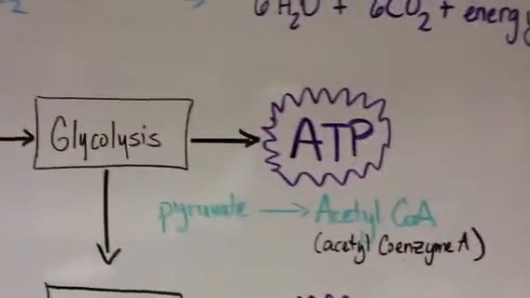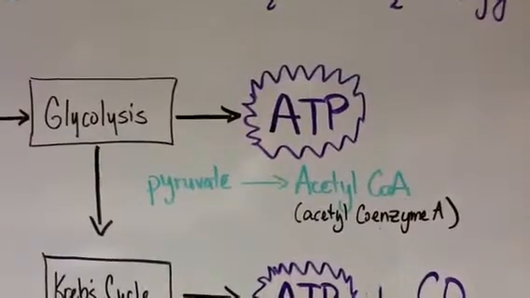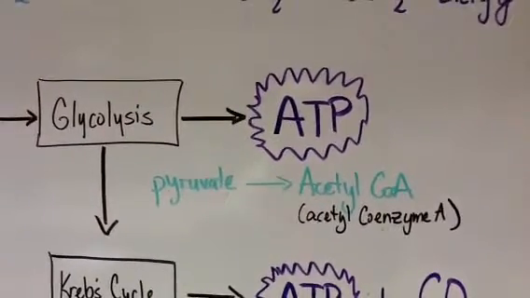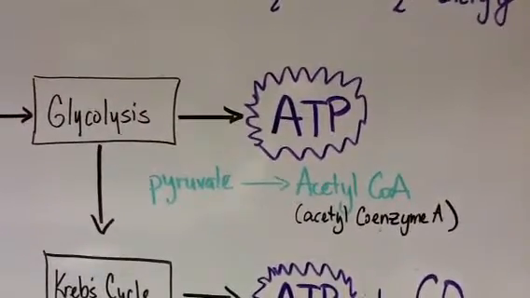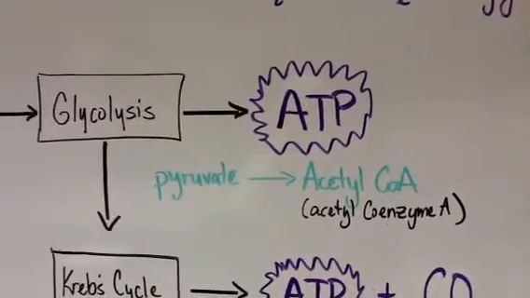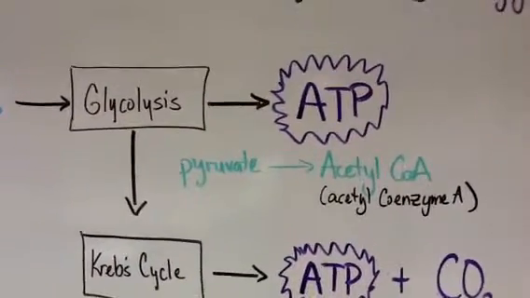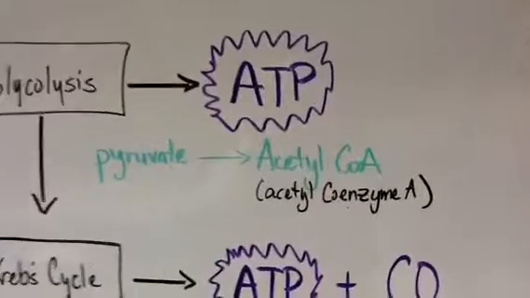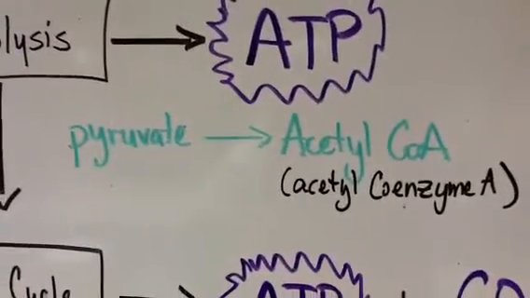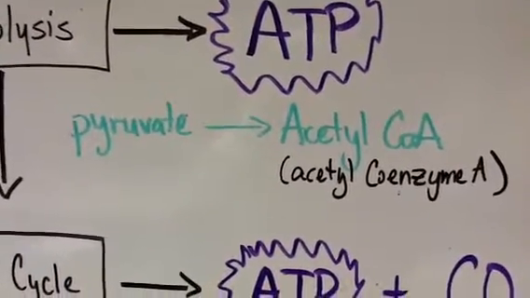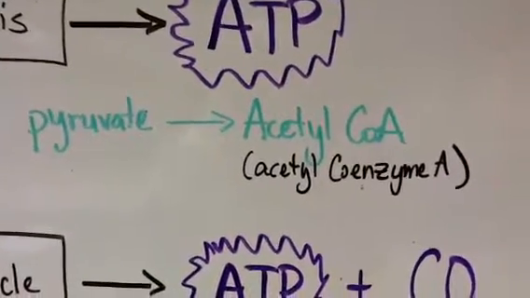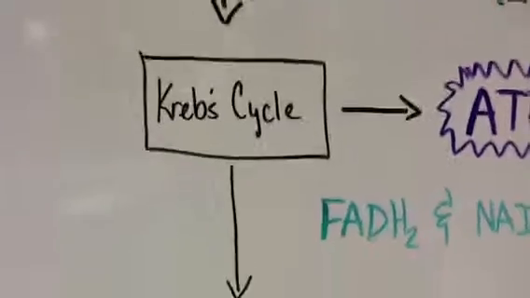That's going to produce ATP, 2 molecules of ATP net. But what glycolysis also does is it provides us with pyruvate, or pyruvic acid, which gets broken down into acetyl coenzyme A. That acetyl coenzyme A is necessary to fuel the Krebs cycle.